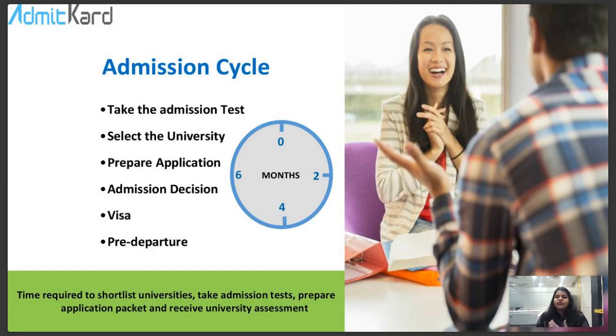For master students, generally the need-based scholarship is not available. But in case you are able to prove that your overall family income is less, then there might be some chances. And this is a scholarship which is provided by very, very few universities. Not all universities will have a need-based scholarship. I hope that answers your question. All right. Are there any other questions that you would like to ask?